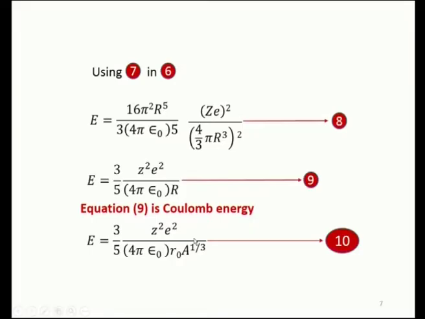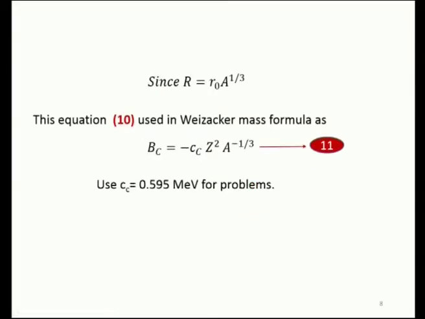That is what we find in equation 11. The Coulomb energy E is now written as binding energy B in the Weizsäcker formula, and therefore a negative sign is included, and this Cc we get.